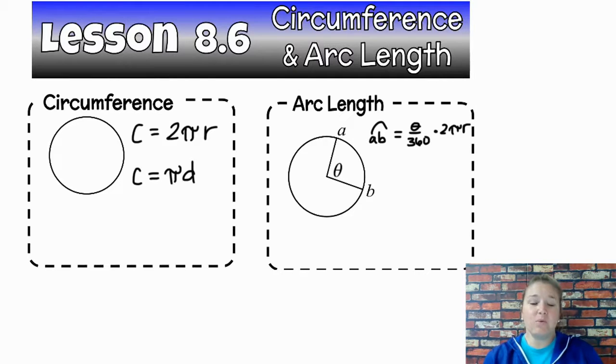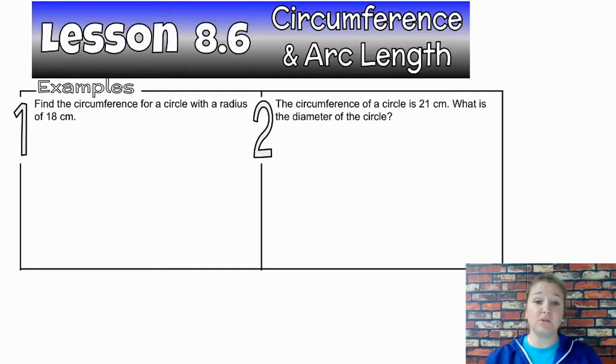Here, you probably won't use diameter because the arcs are made up of the radius. So the radius would have to be given to you and labeled for you there. Just a quick label here. Remember, radius goes from the center of the circle, and diameter goes all the way across.